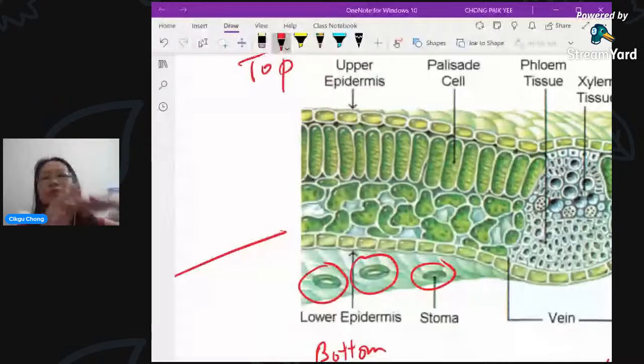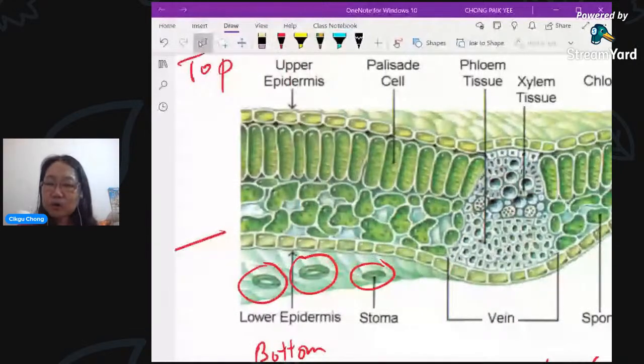Can someone maybe type why you have more stoma on the lower epidermis compared to the upper epidermis? It's a bit for you to think.